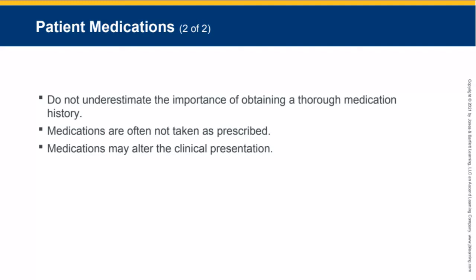Always bear this in mind: a patient's medication can significantly affect or alter the clinical presentation of many medical conditions. For example, in your diabetic patients, if they're having hypoglycemia, you're expecting to see sweating and may even expect some palpitation of the heart.